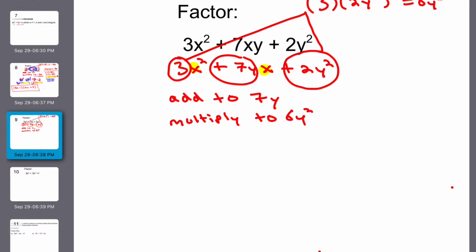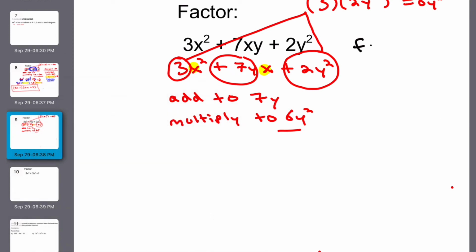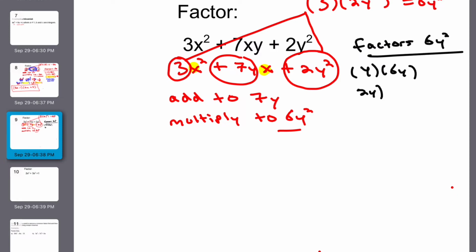All right, so let's list factors of that 6y squared. Let's get a different color here. Factors of 6y squared. So we can do y times 6y. We can do 2y times 3y.